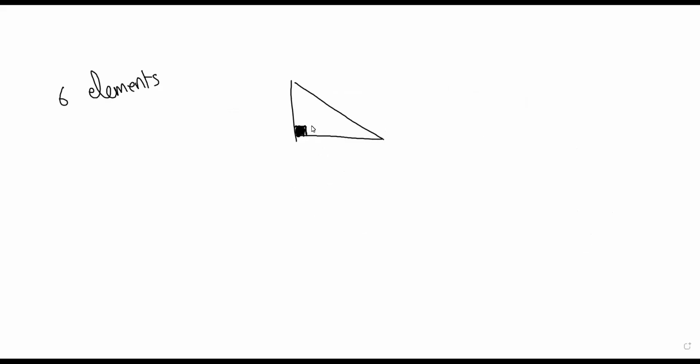The longest side is the one facing the right angle, which is called the hypotenuse, as discussed in a previous video on the Pythagoras theorem. Why is it the longest side? Because it is opposite to the greatest angle. Now, what are the names of the other 2 sides of the triangle?